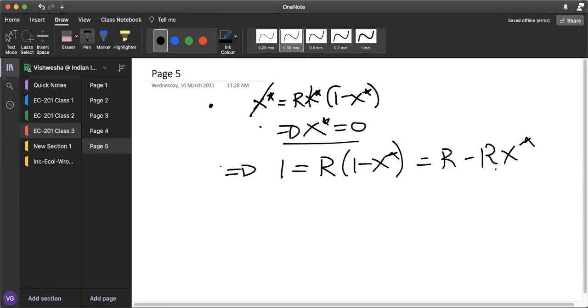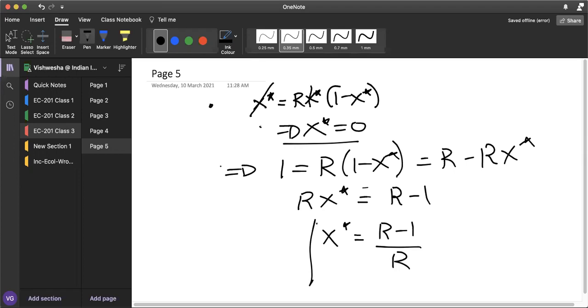Then you bring R x star to the left hand side, so R x star becomes R minus 1. I'm just changing the positions of 1 and R x star here. That now leads me to this. Is that fine?